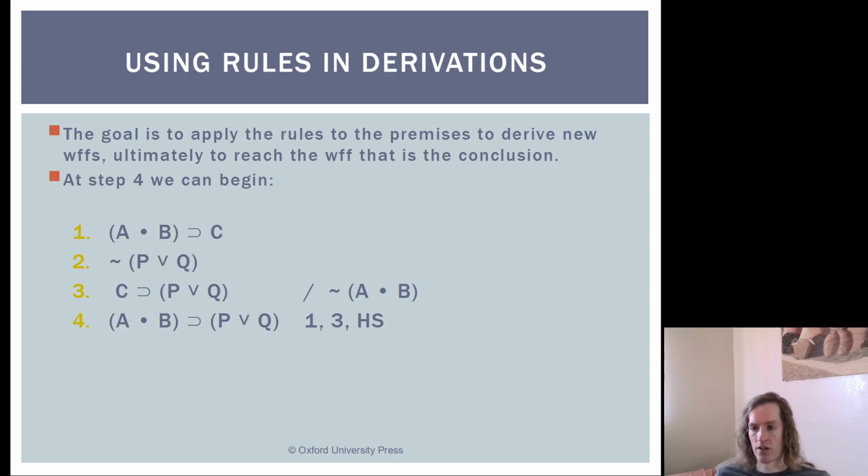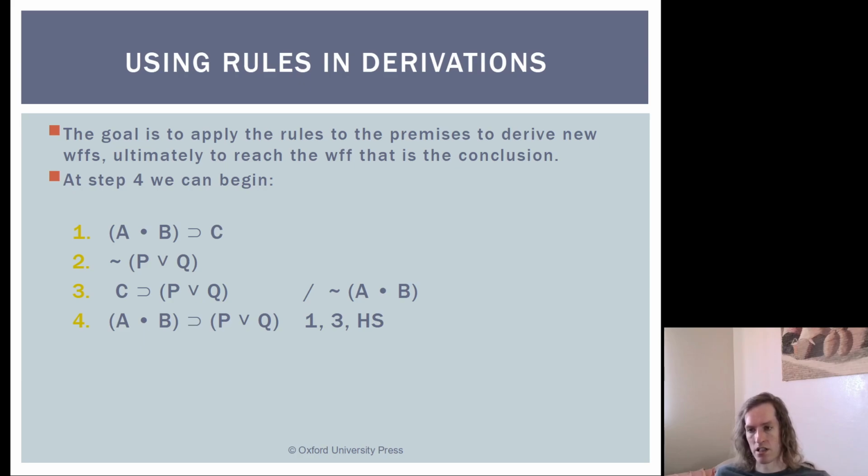So our argument starts with just these three premises. The first premise is if A and B, then C. Our second premise is it's not the case that P or Q. Our third premise is if C, then P or Q. Using just these premises, we can get to a new well-formed formula here.